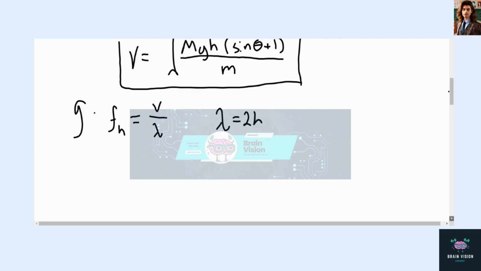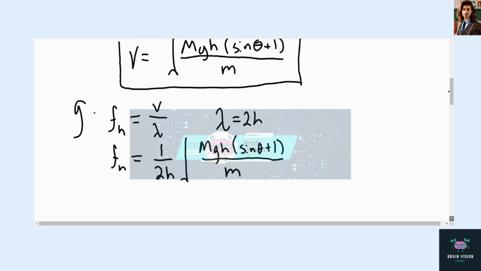I'll go ahead and write that in here. And then v, of course, is what we had in the previous problem. So our formula for this frequency is going to be equal to 1 over 2h times our formula for v, which is the square root of big M g h times sine theta plus 1, all divided by little m.